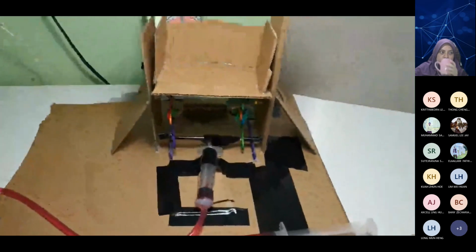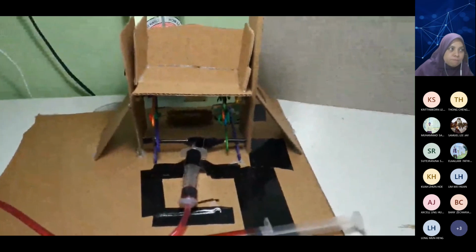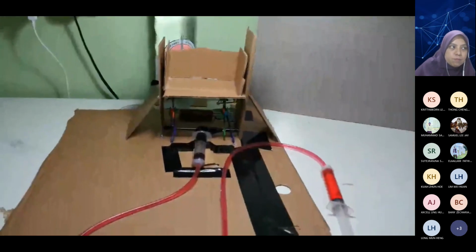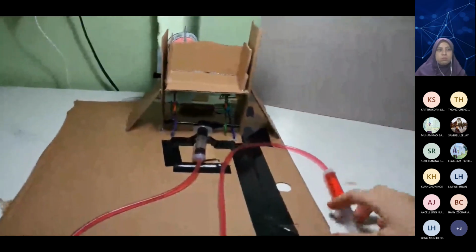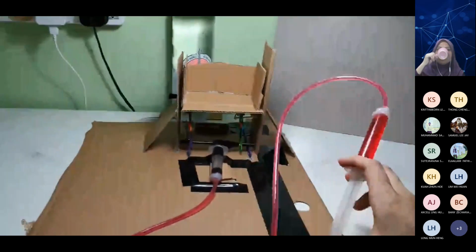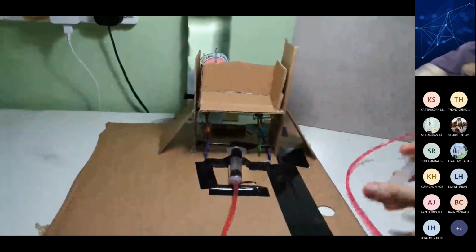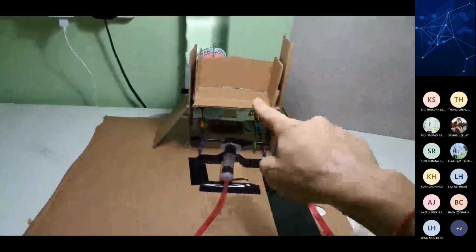With all that being said, let me pause this for a while. Okay, let the demonstration begin. I have switched to my right arm. My left arm is holding my phone. I will be exerting pressure on this syringe, which will lift this up.